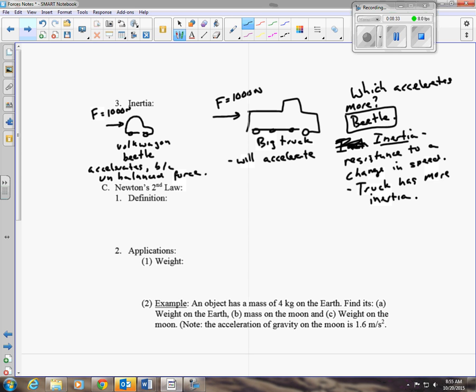You may have figured that out a little while ago, because the truck is a lot bigger, it has a lot more mass, it's going to be harder to move. So inertia equals mass. Something with more mass has more inertia. Something with more inertia is harder to get to accelerate.